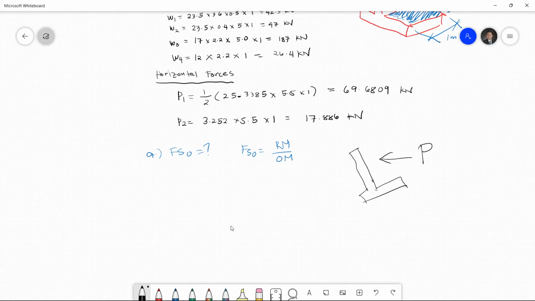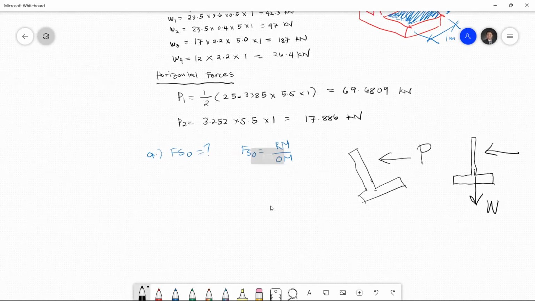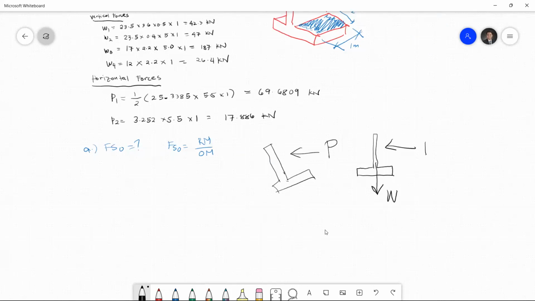And the righting moment, yung magpapa-stabilize sa kanya or kukontra dun sa overturning moment will be the total weight of your structure. Tama ba? Yan yung kukontra dito sa lateral force P. So this will be your overturning moment and this will be your righting moment. So the factor of safety against overturning is the RM over OM. So let us first solve for overturning moment.